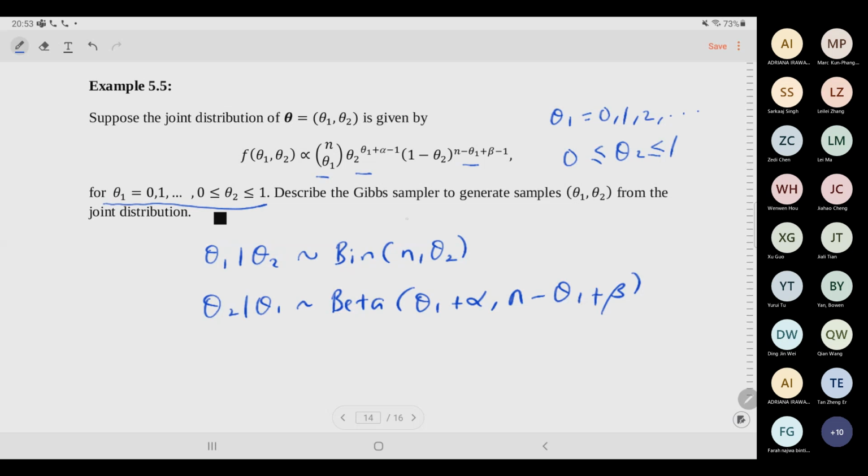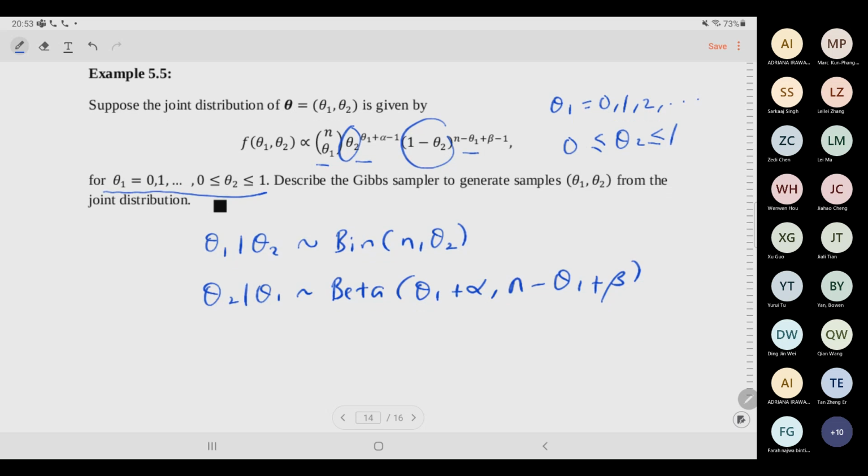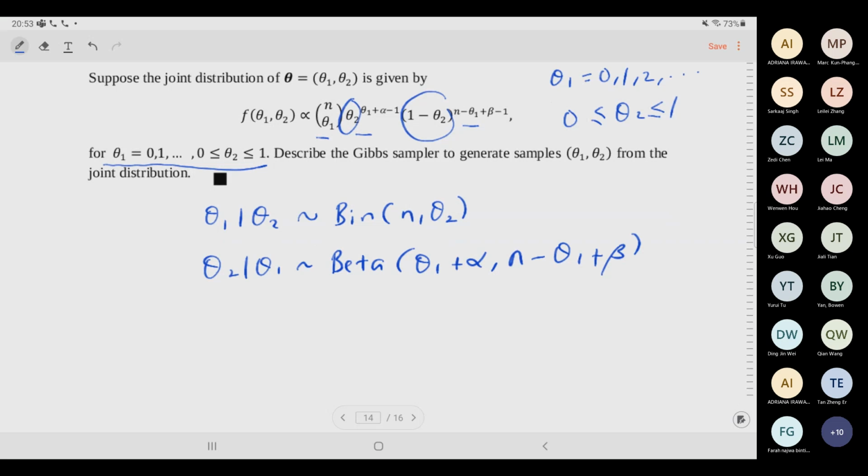And if you look at theta 2, again this is a beta kernel. You can do this as practice. You can show that the conditional of theta 1 is binomial and the conditional of theta 2 is beta.